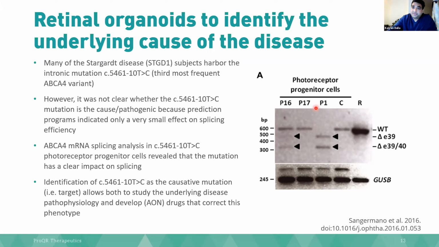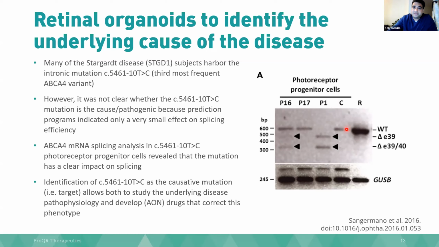ABCA4 mRNA splicing analysis in mutant ABCA4 organoids or photoreceptor progenitor cells revealed that the mutation has a clear impact on splicing.